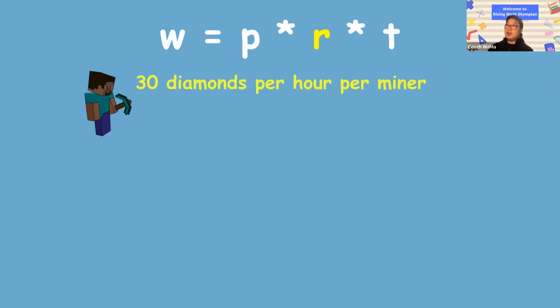So if you have a Minecraft person, maybe they mine 30 diamonds per hour per miner. That's what the rate would mean. So one person in 1 hour can mine 30 diamonds.